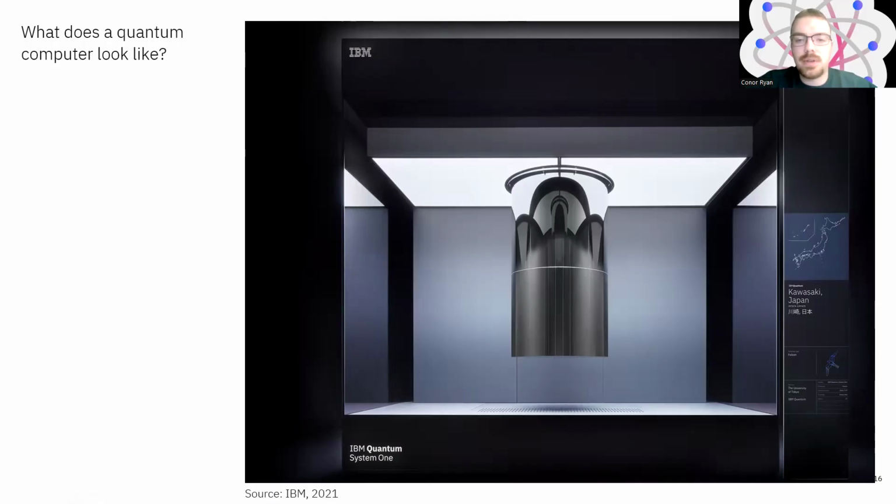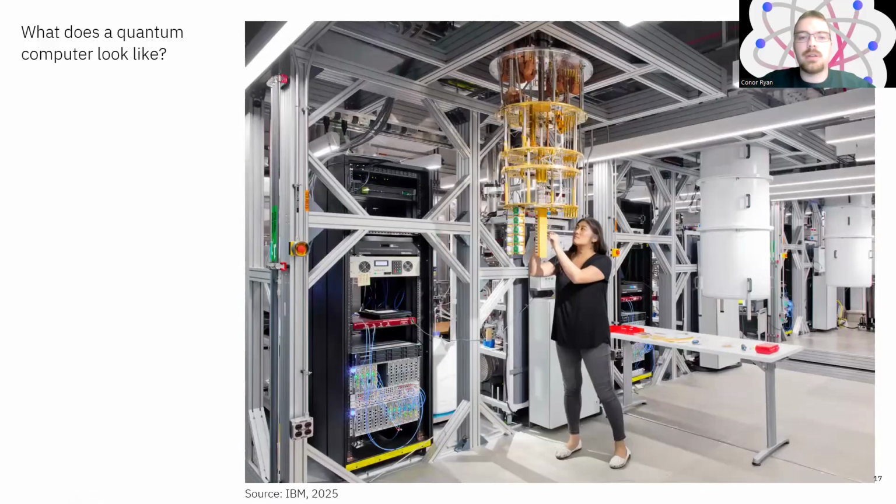Well, for one example, this is an IBM quantum computer System 1 from 2021, so quite old at this stage, and in this picture looks like part of a spaceship, but doesn't really highlight the inner workings of the quantum computer and what actually is required to do the operations, or where in fact the qubits even are in this image. So a better image, such as this one, presents a quantum computer more like a technological looking chandelier.